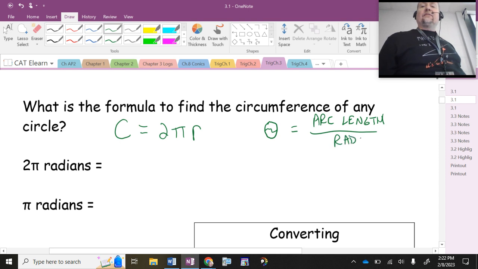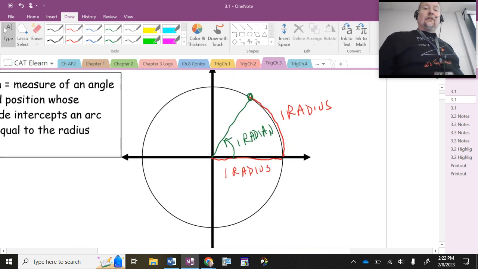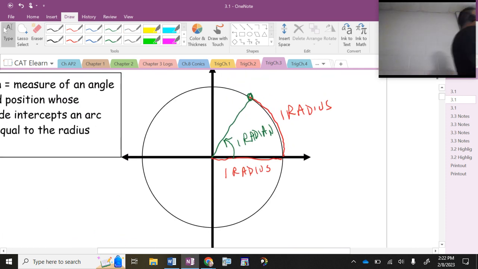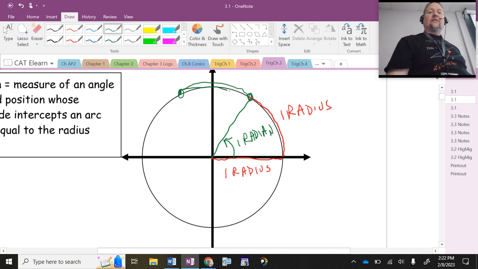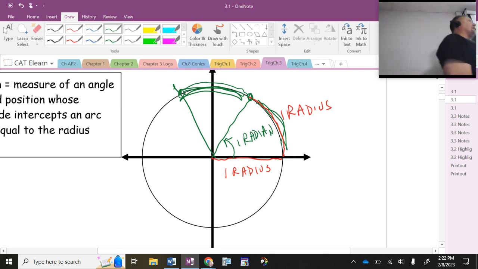I better fill these all the way out because rad could mean radius or radian. That's literally what I did right here. I took one radius worth of length on the arc length divided by the length of the radius, and I got the number 1. All right. When I kept going and I went to here, that was 2 radians because this was another radius length equal to this one. So that's 2 radians when I draw that side and so on.